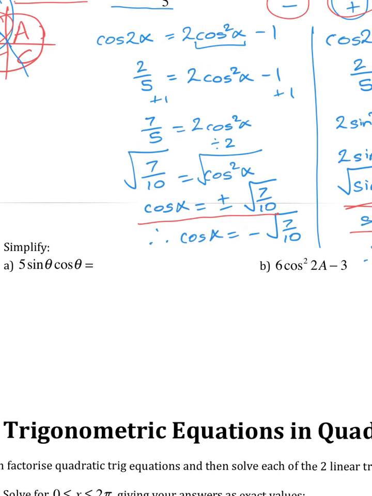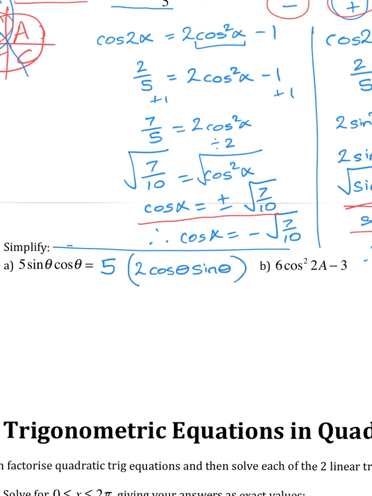Okay, next, simplify 5 sine theta cos theta. Okay, that kind of looks like the 2 sine theta cos theta. So if I took 5 out and put 2 cos theta sine theta in there. Oh, sorry, I switched them, but it doesn't really matter.